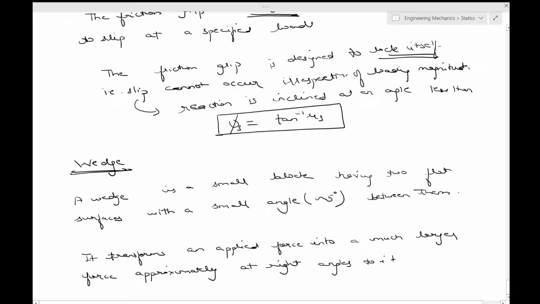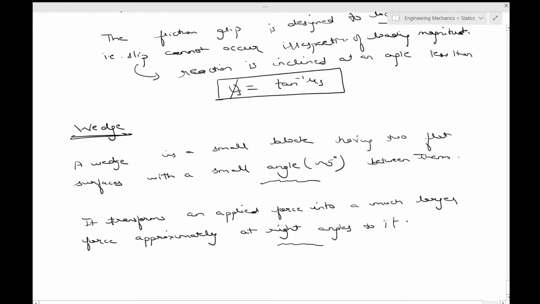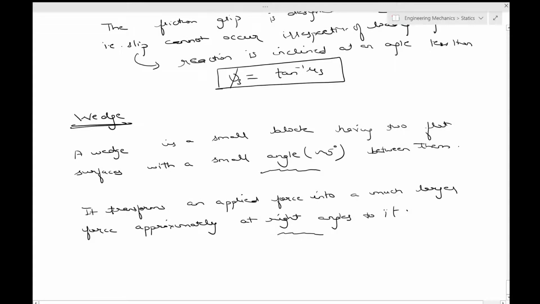That's where the small angle is relevant, because the transformation is approximately at right angles to it. So this can be used to, say, raise heavy loads and so on.